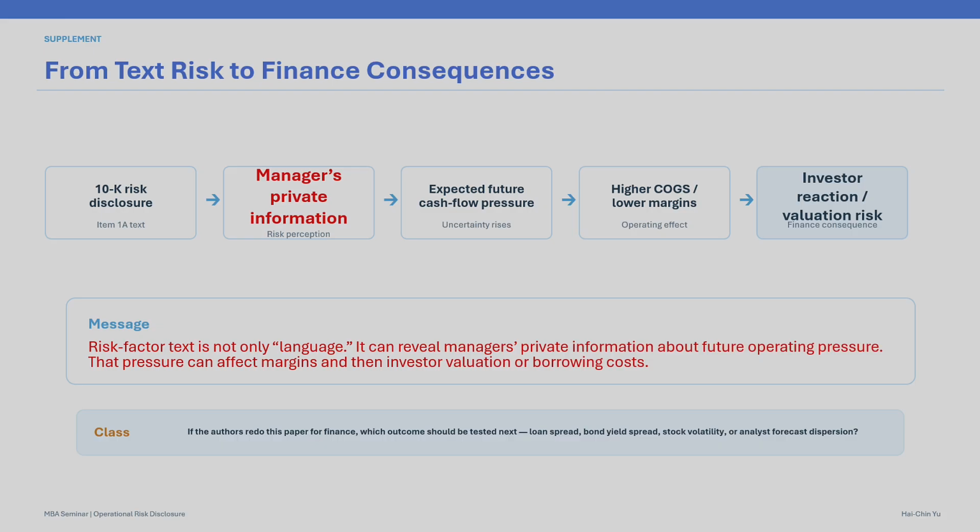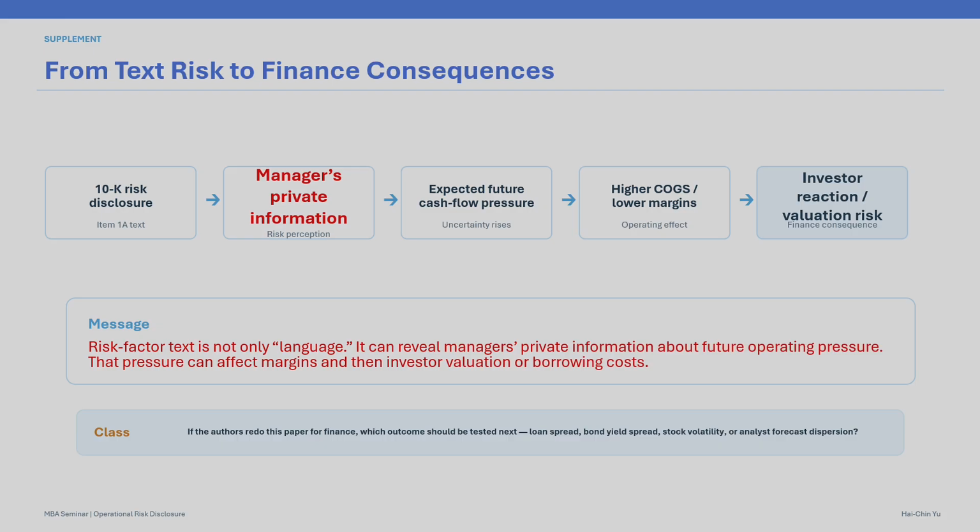How much disclosure to be done? This is a very different decision making from the CFO because the manager can decide. This is the manager's private information. He knows much more than the outsider.